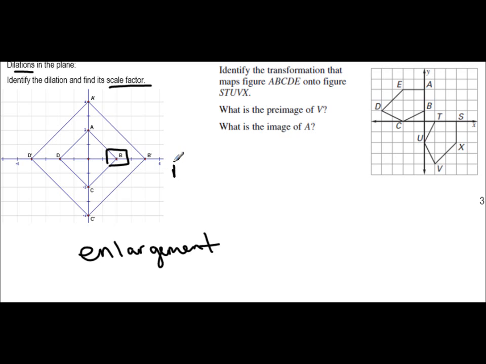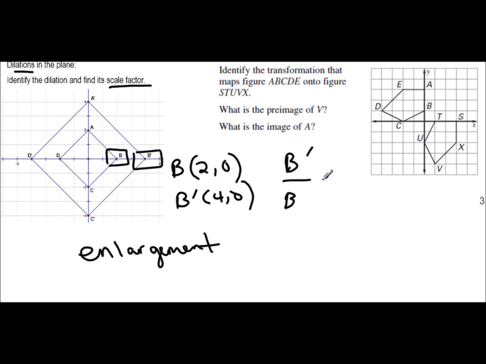B has the coordinate of (2, 0). Then I'm going to look at the coordinate of B prime, which is (4, 0). So to see what the scale factor is, remember we take B prime over B. In this case, we can't do 0 over 0.